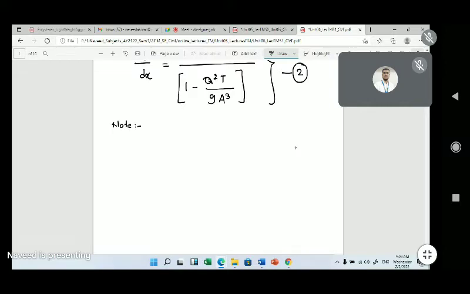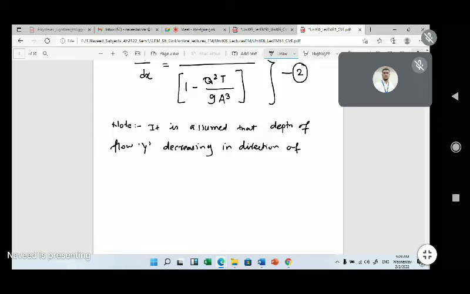It is assumed that the depth of flow y decreasing in the direction of flow is negative.